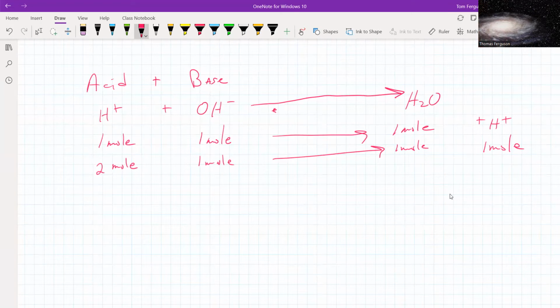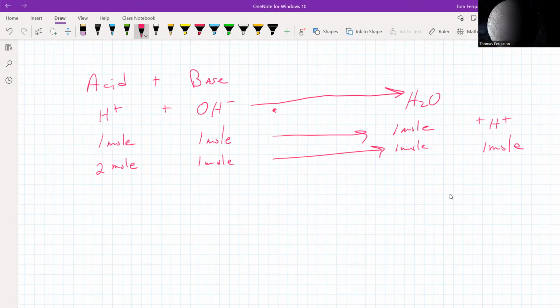So we end up with excess hydrogen ions because these are related 1 to 1. So for each mole of that, we're going to use 1 mole of this. We have 1 mole left over. So when we have a lopsided acid and base reaction, then we end up with excess acid. Hence, your reaction is going to be acidic, the product.